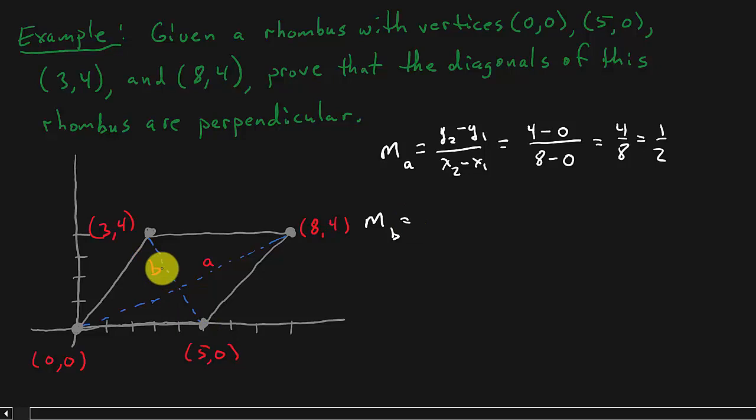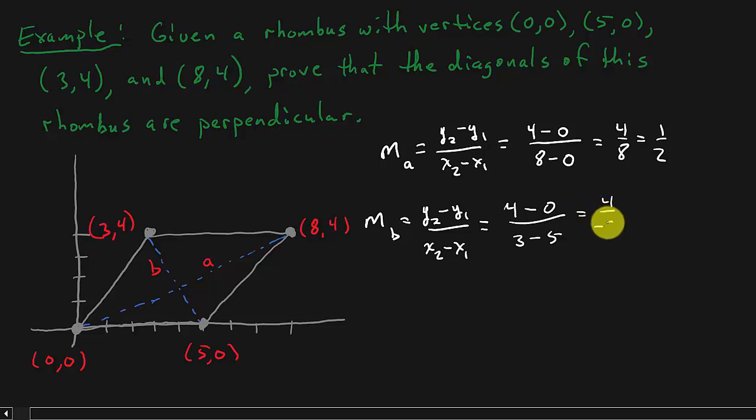Now let's find the slope of this line B. We'll call this one down here (x1, y1), and this one (x2, y2). So that's y2 minus y1 over x2 minus x1. We've got y2, which is 4, minus y1, which is 0, over x2 minus x1.